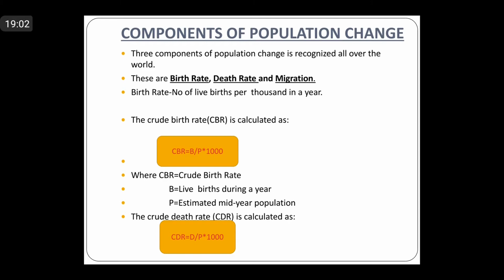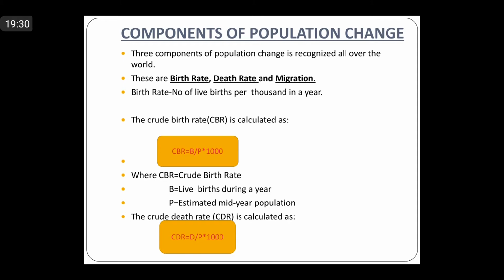Now comes your crude death rate. What is that crude death rate? It is the number of deaths per 1000 population in a year in a given geographical unit or area. You can understand in very simple language that it is the number of deaths per 1000 population in a year.